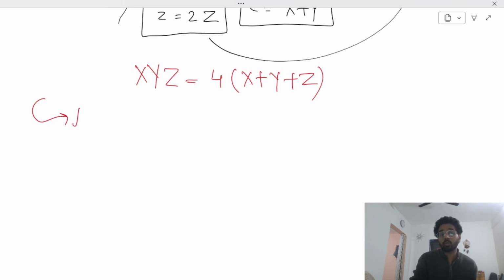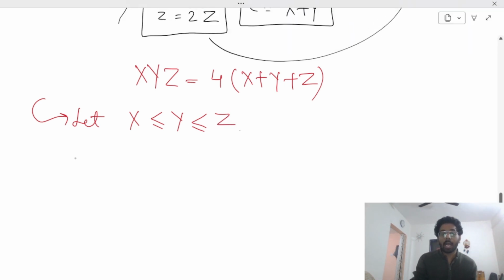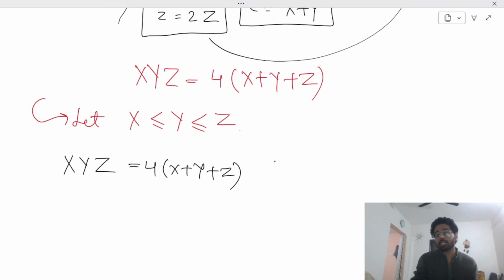Here I have to make some assumption, because x is less than or equal to y is less than or equal to z. So z is the greatest side. I want to find the maximum value of x, y, z. So I can write xyz equals 4 times (x plus y plus z). I'm checking what can be the maximum value.